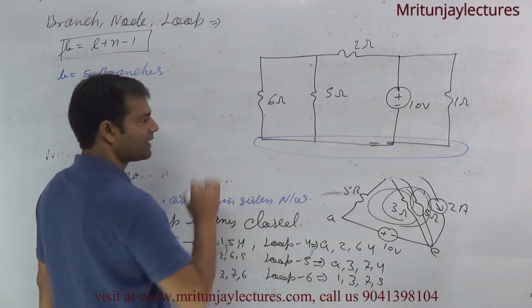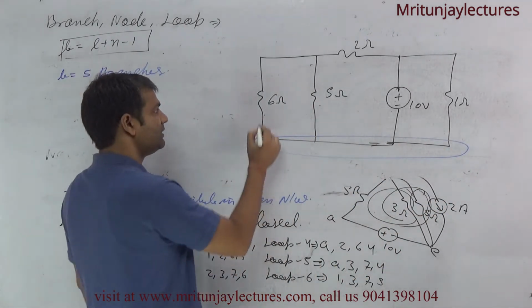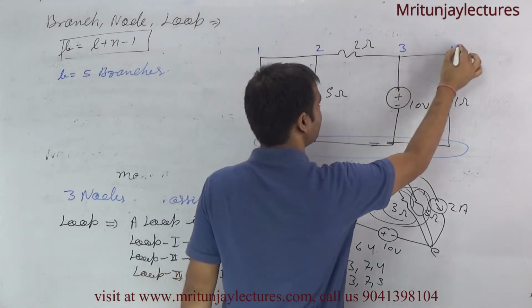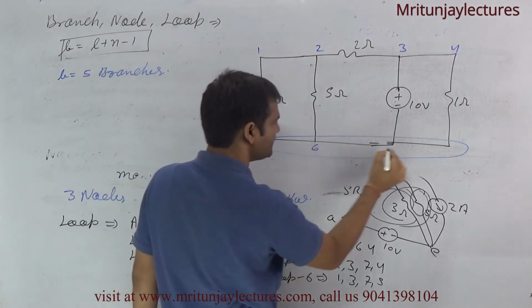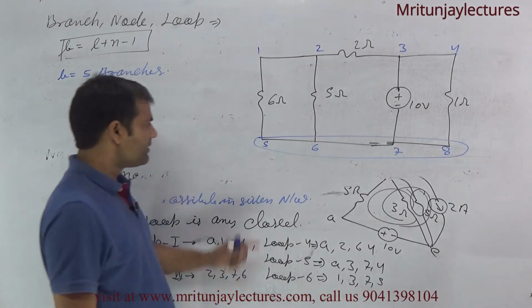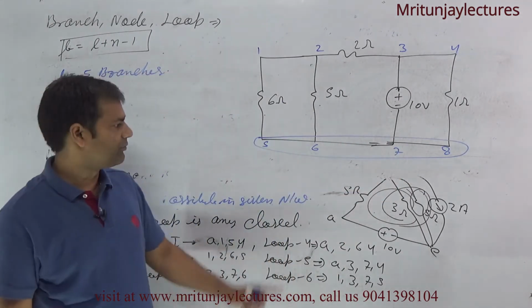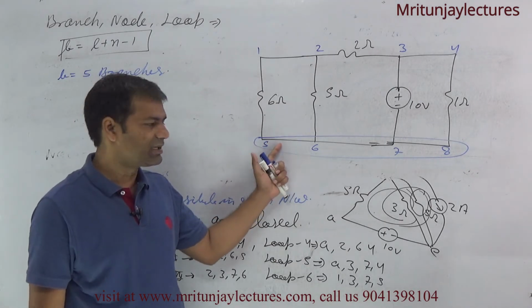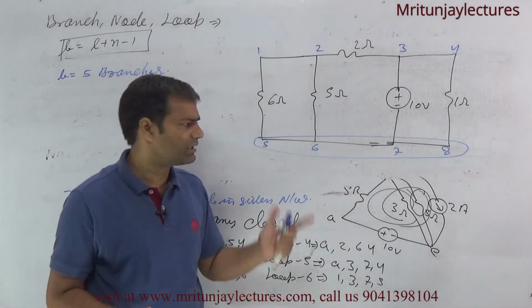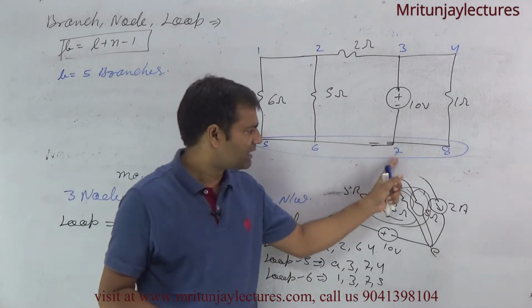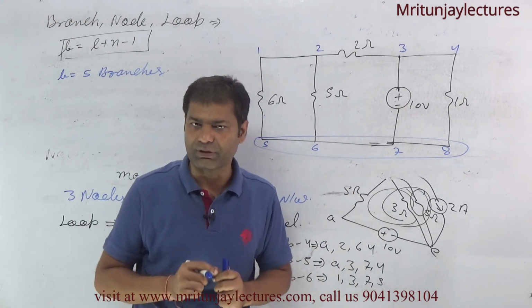Clear? How many nodes are possible? This one, suppose that 1, 2, 3, 4, 5, 6, 7, 8. 5, 6, 7, 8 represent the same point. Why? Because there is no resistance, or you can say no element is connected between 5, 6 or 6, 7 or 7, 8. That's why it represents a single point.